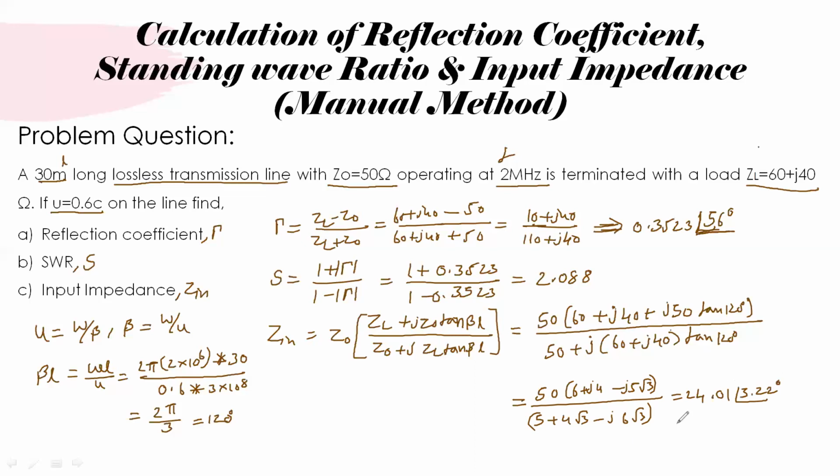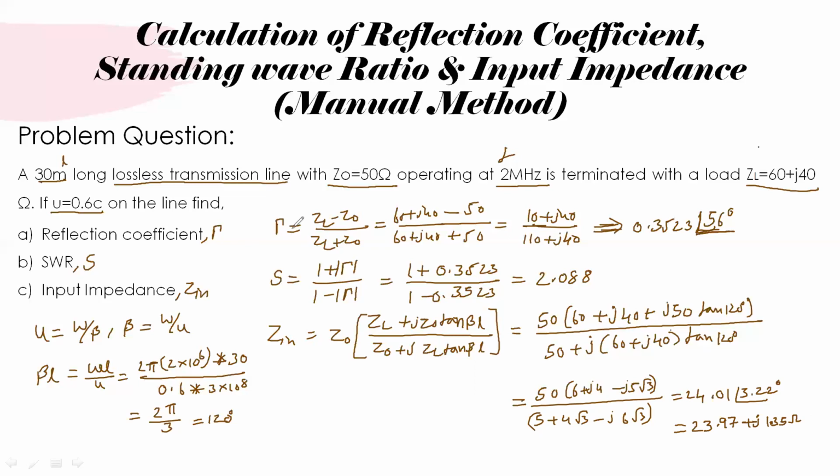To represent it from phasor form to polar form is also possible. We can do it using the calculator, or it can be done manually. 23.97 plus j1.35 ohms. So this is the final value that we got for the question given.